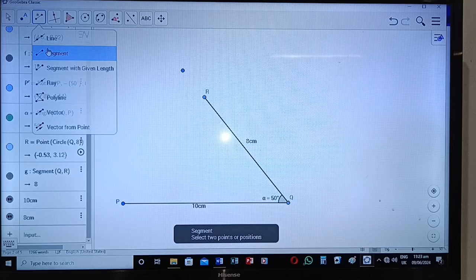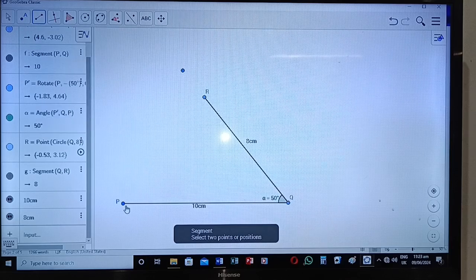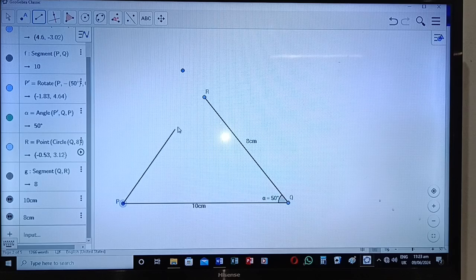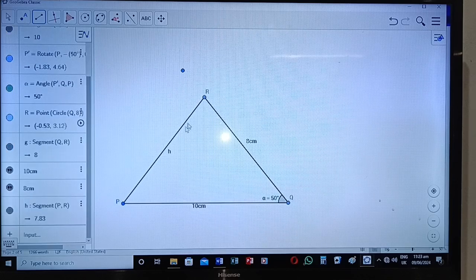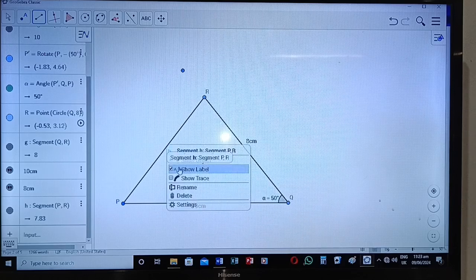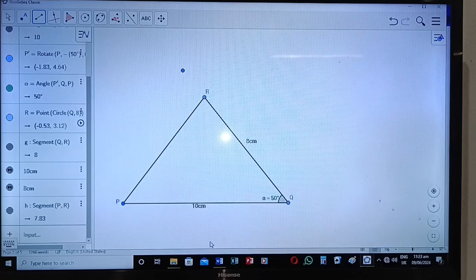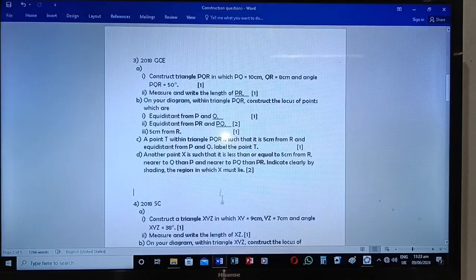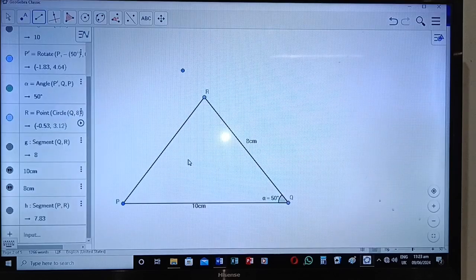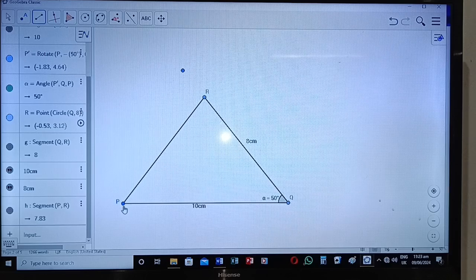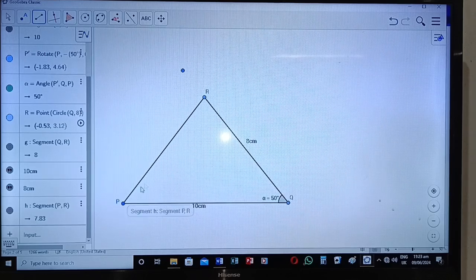A straight line is just a segment, starting from here to there. By that we would have constructed triangle PQR, where PQ is 10 centimeters, QR is 8 centimeters, and angle PQR is 50 degrees.